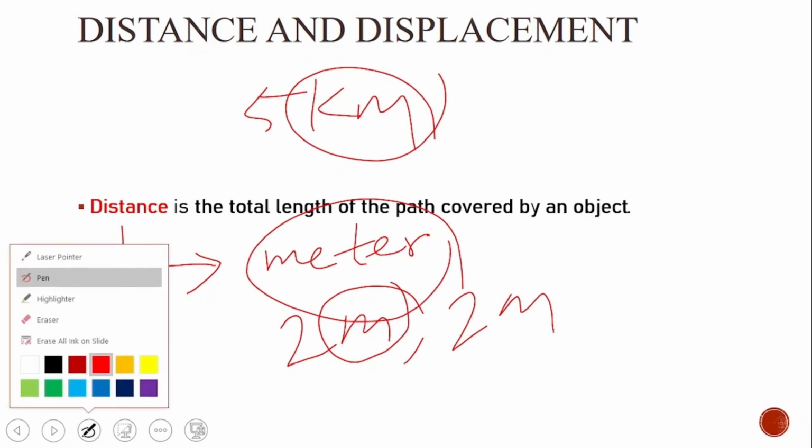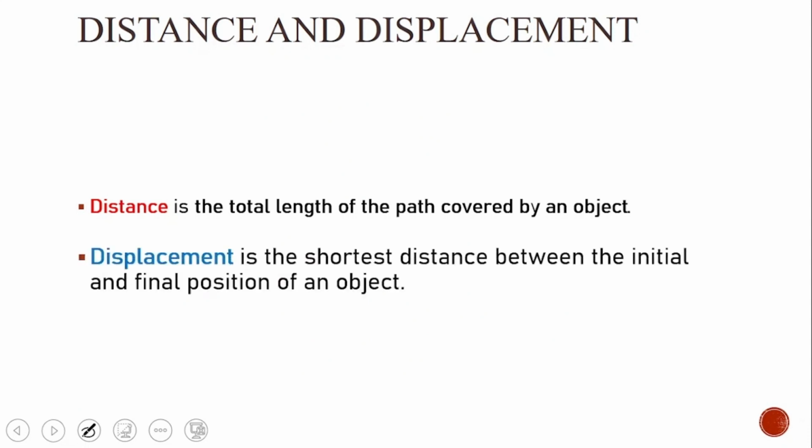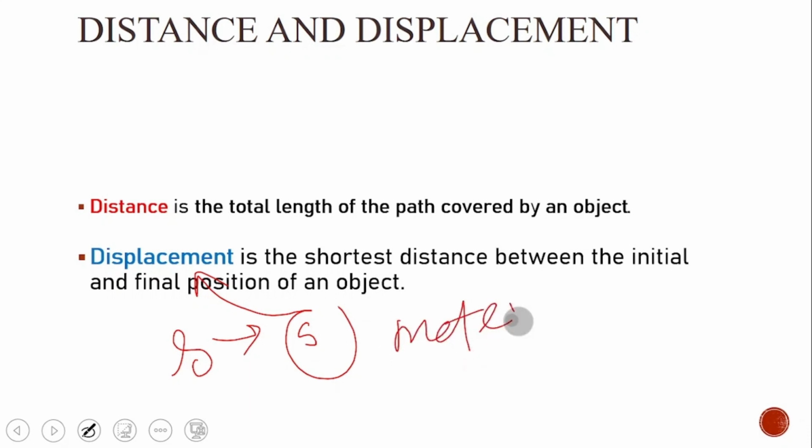Now the displacement also has a symbol, that is s. It is actually small s, right? Small s denotes the displacement. It also has the unit meter. Yes, they have the same unit.